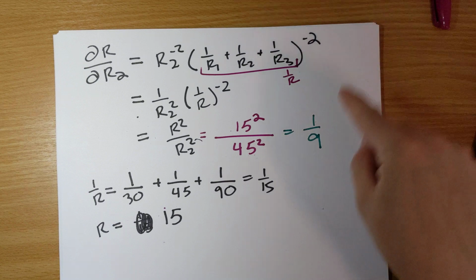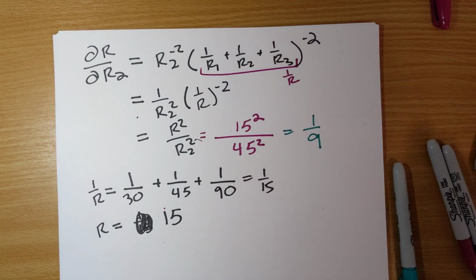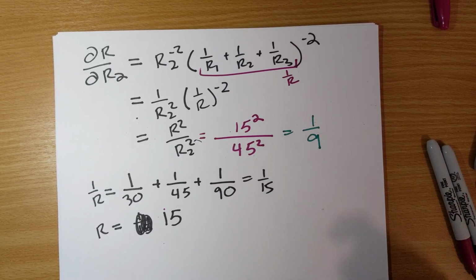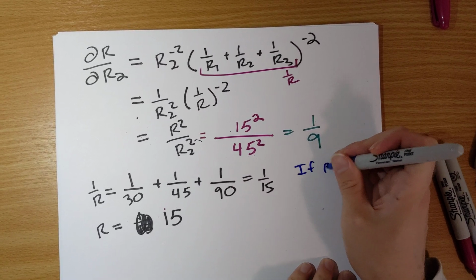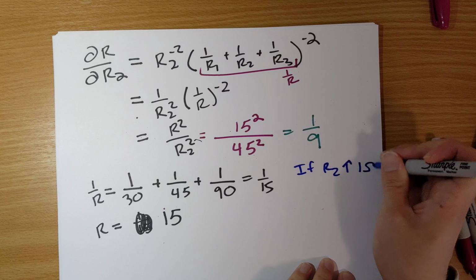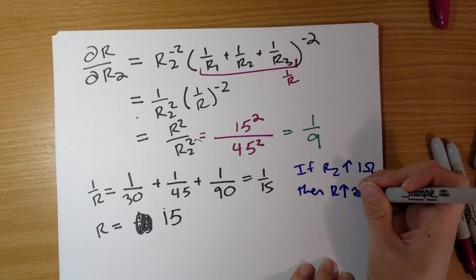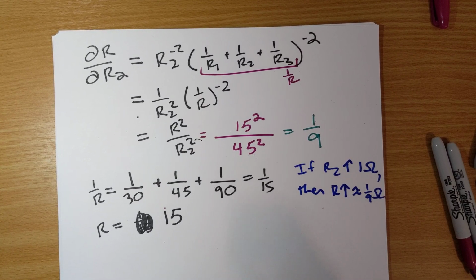This basically means if you increase R2, then the corresponding overall resistance R will go up by about 1/9 as much. Or in other words, if R2 goes up by about 1 ohm, then R goes up by about 1/9 of an ohm. That's the meaning of this partial derivative here.